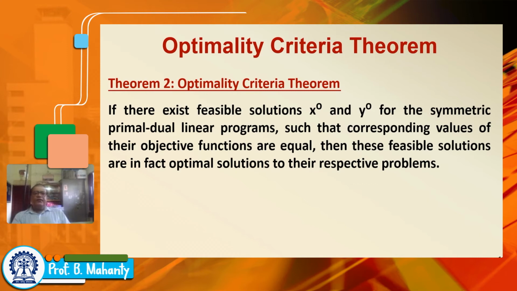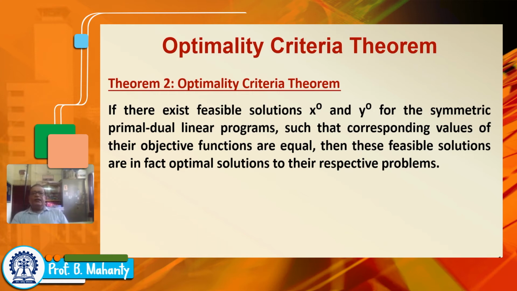If there exist feasible solutions x0 and y0 for the symmetric primal dual linear programs such that corresponding values of their objective functions are equal, then these feasible solutions are in fact optimum solutions to their respective problems. In fact, if you follow the weak duality theorem clearly, then you can find out the optimality criteria theorem also very clearly. So they are all connected to one another.